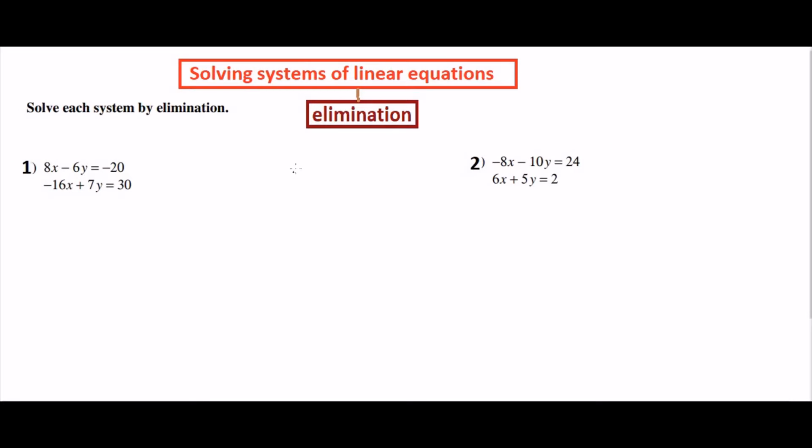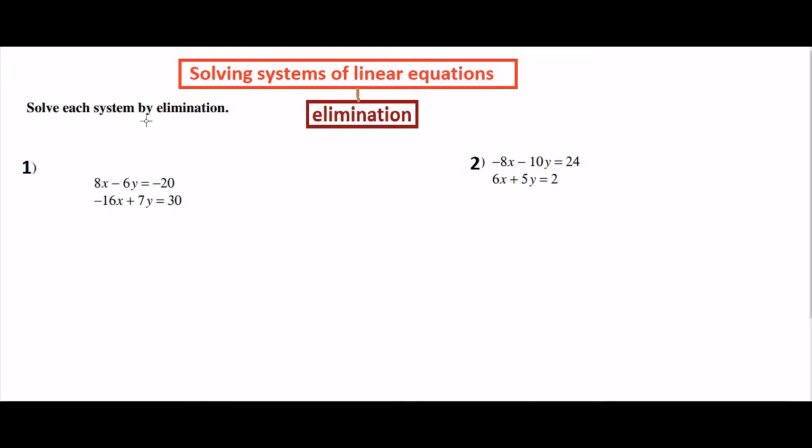Let's continue with the elimination method. We were given 8x minus 6y equals negative 20, negative 16x plus 7y equals 30. Here our purpose is to cancel out one of the variables. For this we need the exact same value of the variable but the opposite sign.